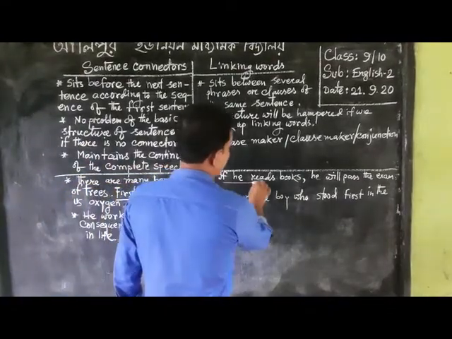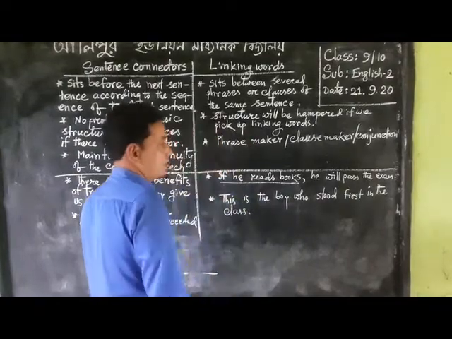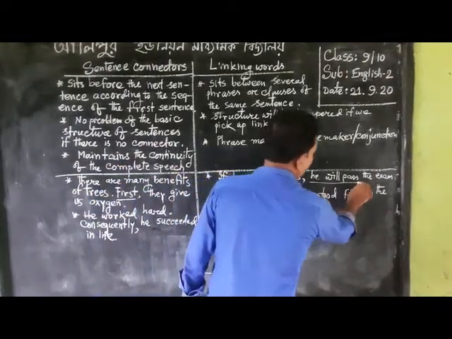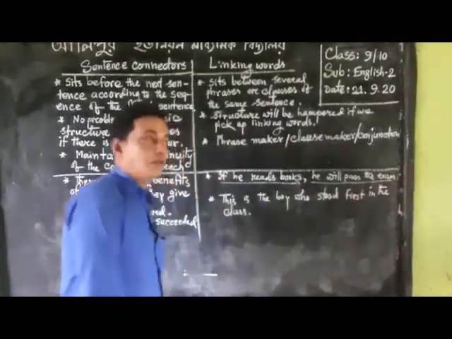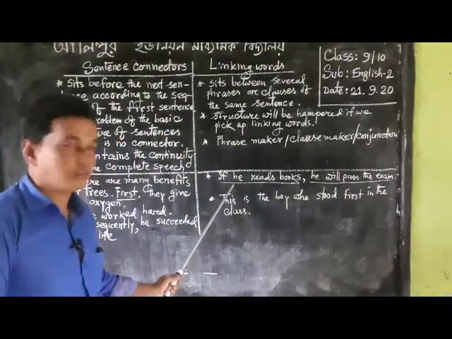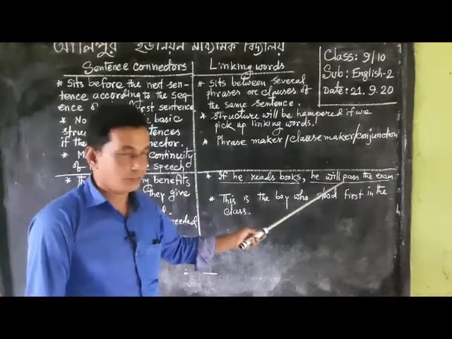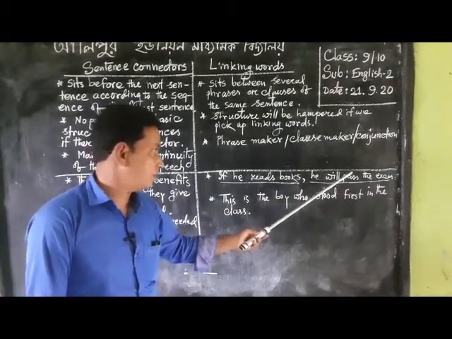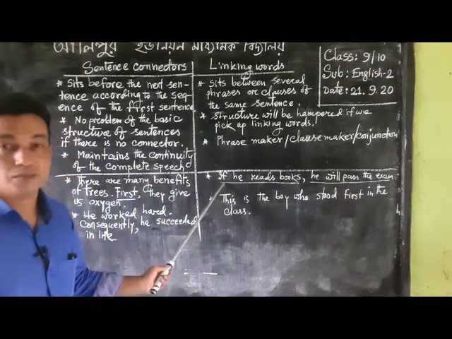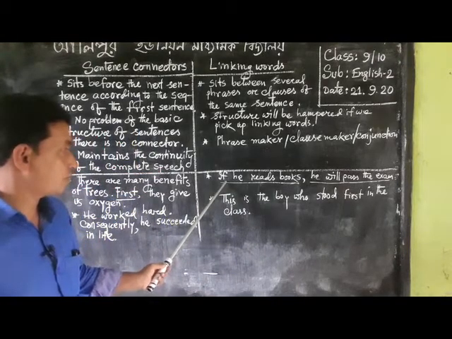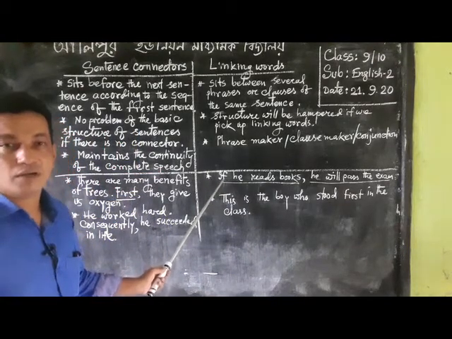First, if he reads books, this is a clause, and he will pass the exam, this is also a clause. The first clause is the subordinate clause, and the second one is the principal clause. And we have noticed that there is a conjunction before the first clause, if, and it is called a linking word.